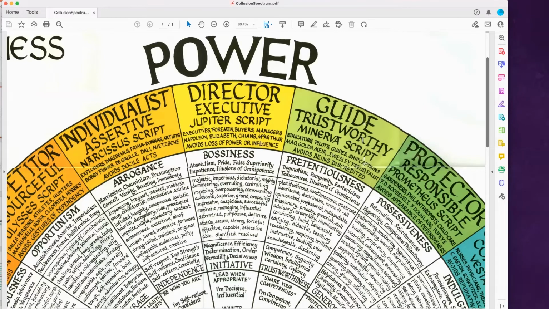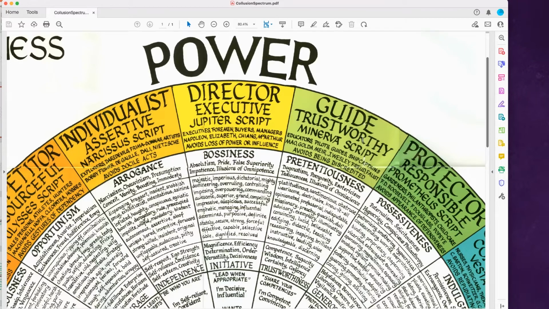They avoid the loss of power or influence. Their dark side, I could look up what they call this circle, but bossiness, absolutism, pride, false superiority, impatience, illusions of omnipotence. Their adjectives are things like majestic, imperious, dictatorial, mighty, domineering, overruling, controlling, imposing.